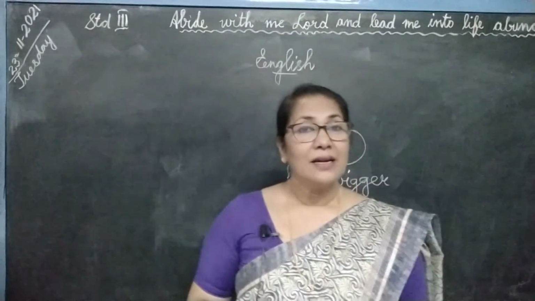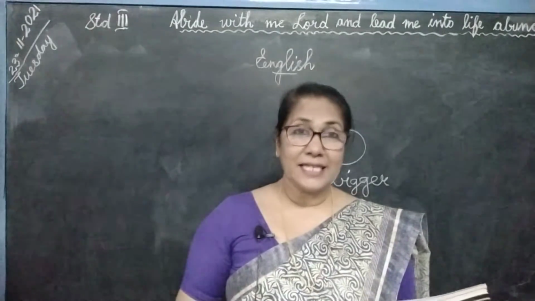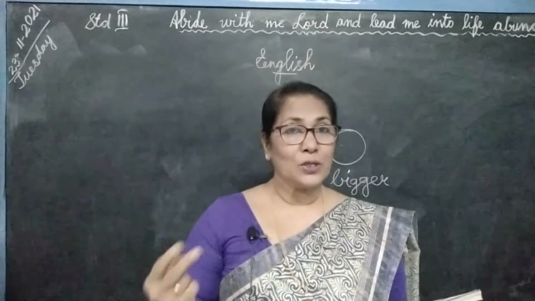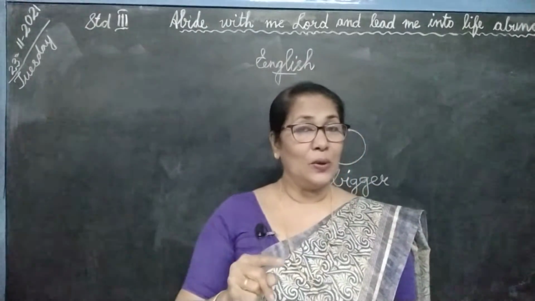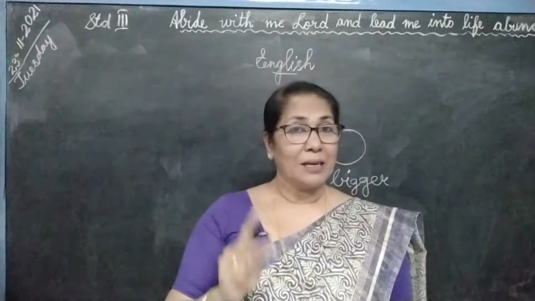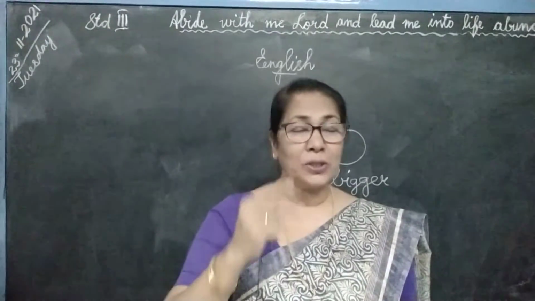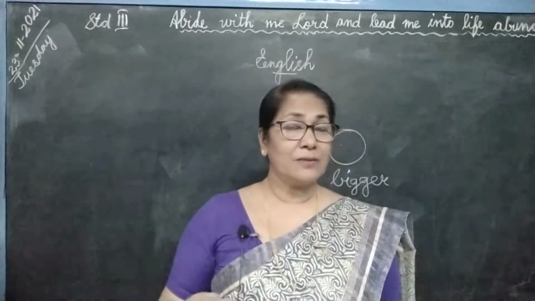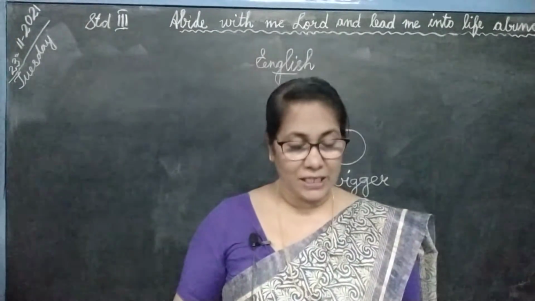So let us fill in the blanks with correct adjectives, comparative or superlative degree. I told you, when you use the comparative degree, we are only comparing two people or two things. But if it is more than two persons, it will be the superlative degree.